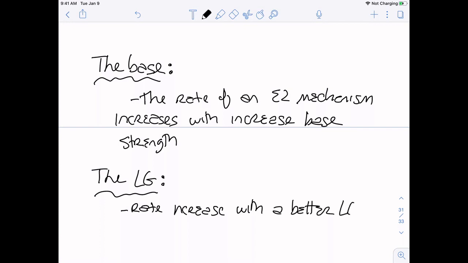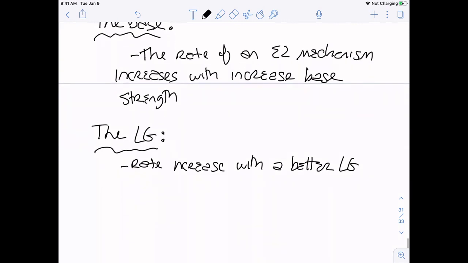And it's the same trend that we saw in chapter 7, right? Better leaving groups were weaker bases, right? Instead of them donating electrons, they want to take electrons and leave. So same trend that we've seen before. The solvent, honestly, for an E2 mechanism, a variety of different solvents work.